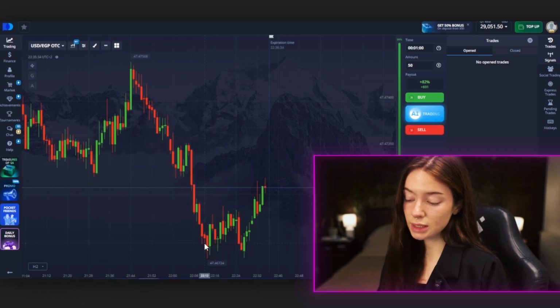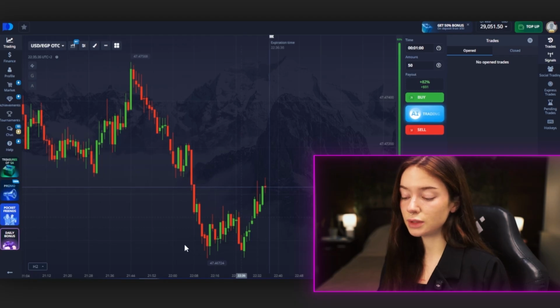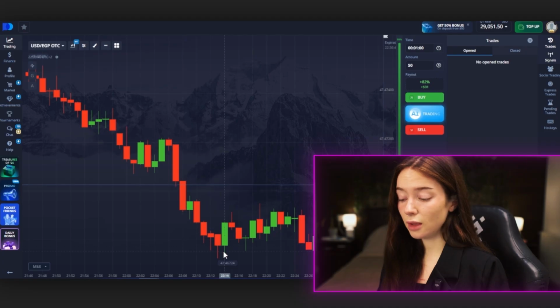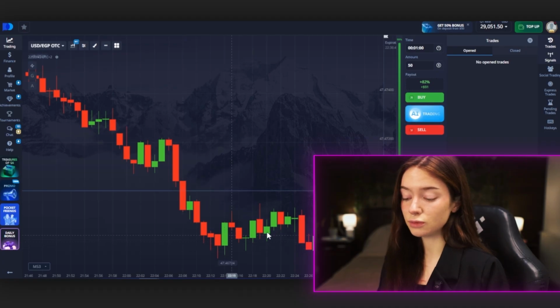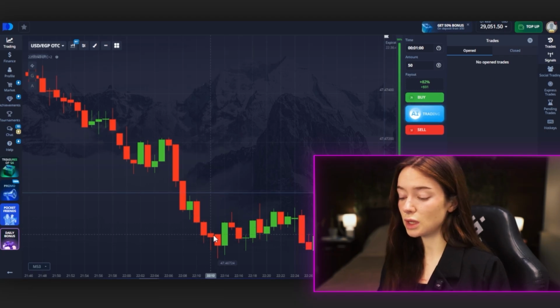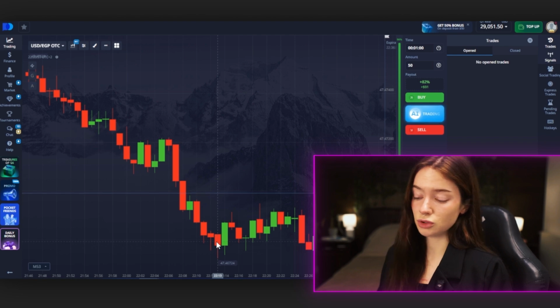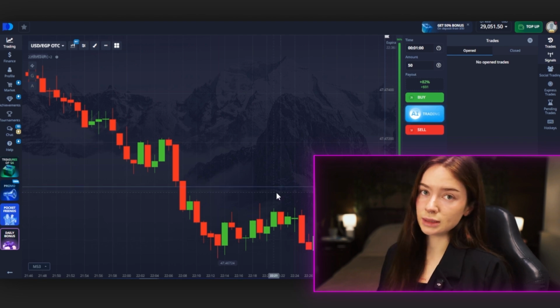Based on the liquidity test, players understand that stop losses are being taken here and that a reversal is forming. You see a long lower wick that sweeps stops and then closes above the level inside the range. This is a liquidity test.